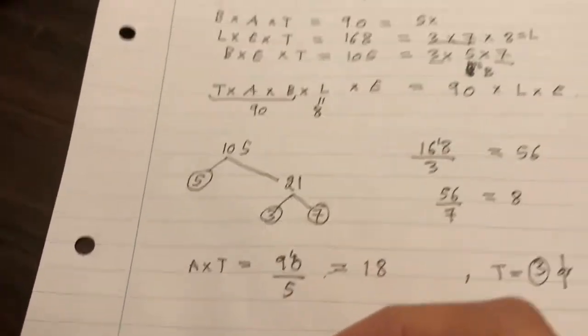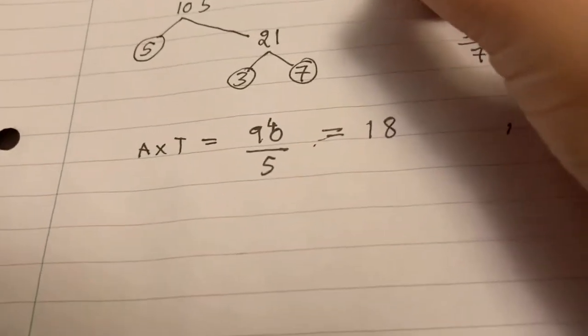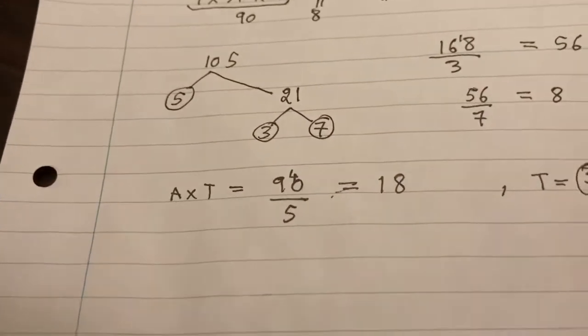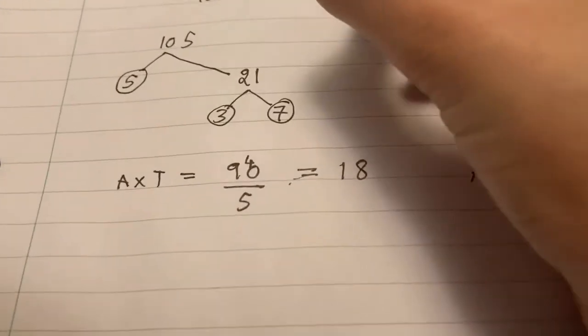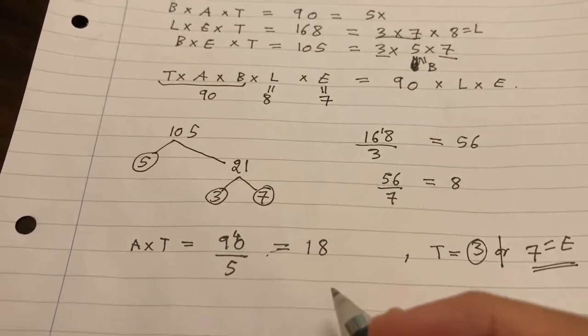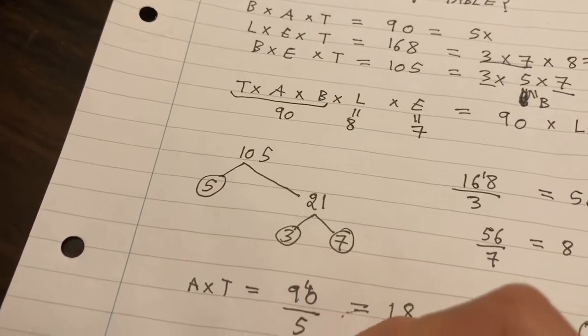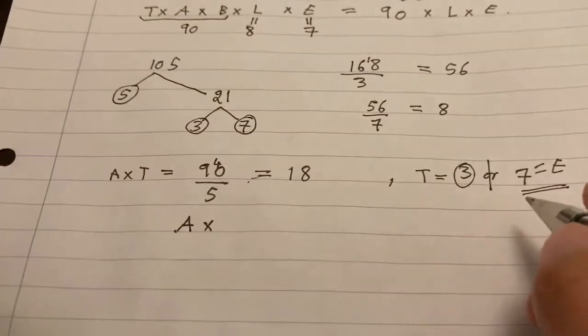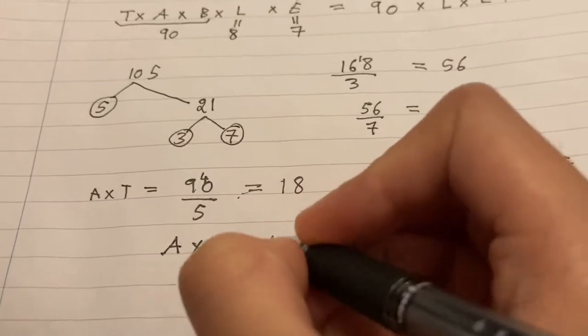And now we can find what A is as well, because we know that T is 3. A times 3 gives 18.